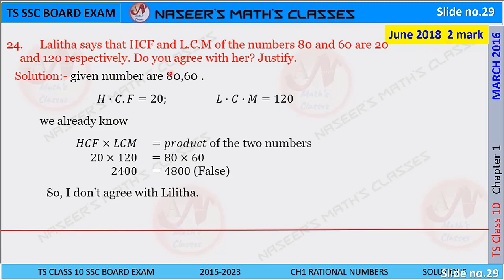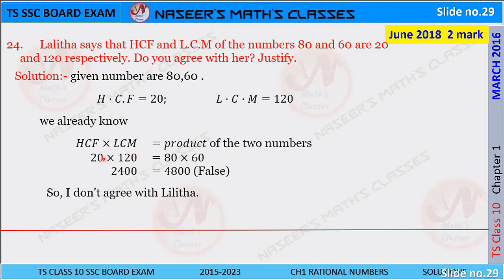We are going to solve 24th problem, that is for 2 marks, June 2018. Lalita says that HCF and LCM of two numbers 80 and 60 are 20 and 120 respectively. Do you agree with her? Justify. So given two numbers are 80 and 60 and their HCF is given as 20 and LCM is given as 120. We already know that HCF into LCM is equal to product of two numbers.